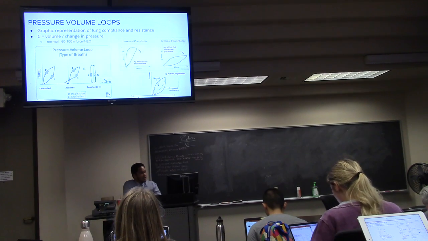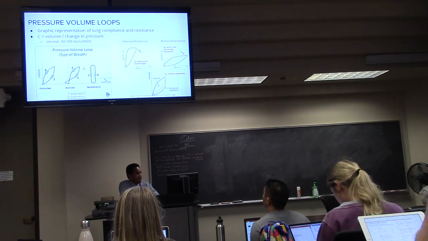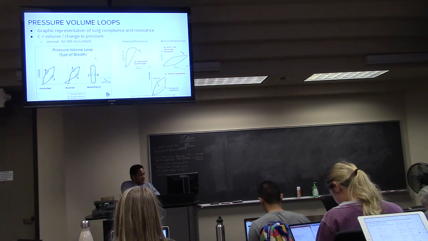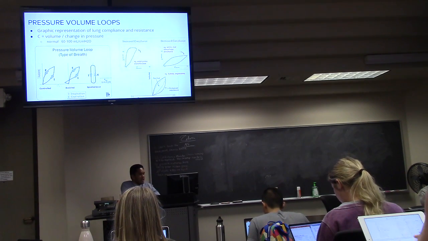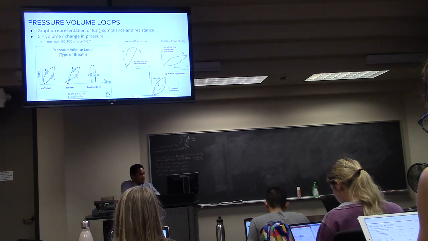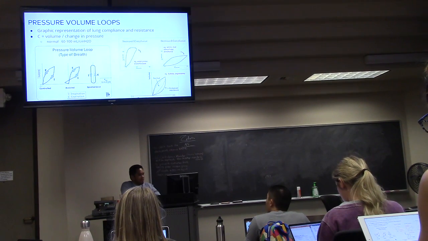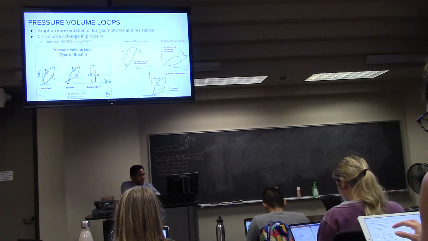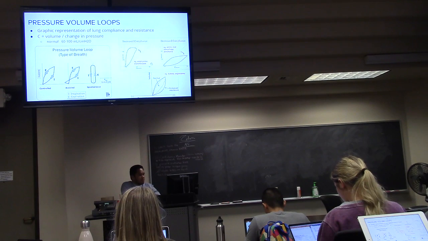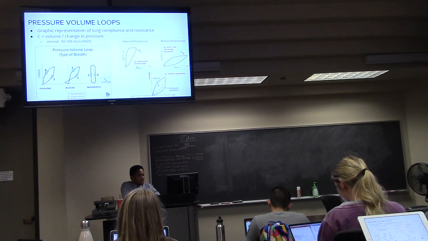And then this is the pressure volume loop we talked about earlier. So this is your pressure volume loop in spontaneous breathing, but if you're on a mechanical ventilator, you're having to introduce pressure during each breath. So whenever you're giving volume, the pressure goes up. And usually this is about 4 to 5 degrees. And when you're exhaling, the volume goes down and the pressure goes down. In patients with increased compliance, say in emphysema, you can deliver volume, but the pressure doesn't really change all that much because they're very distendable.